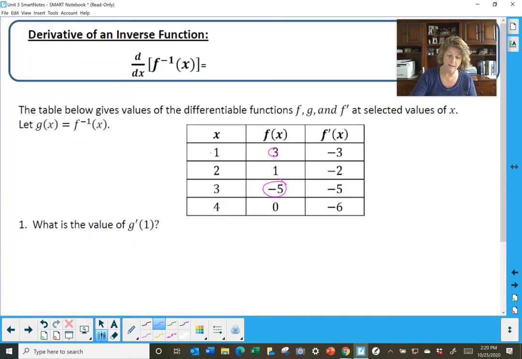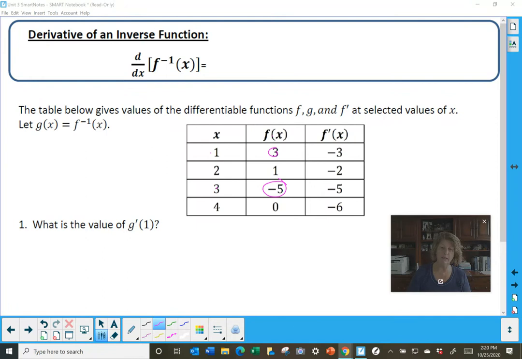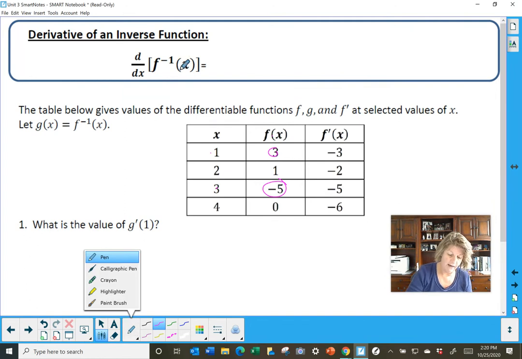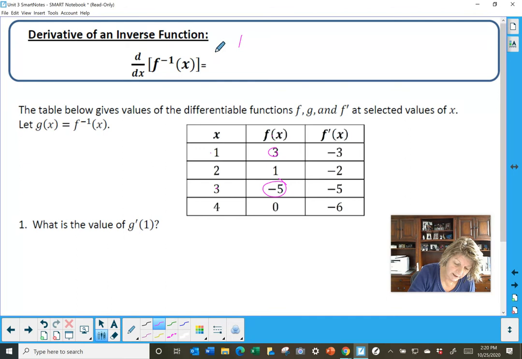So now the definition of the derivative of an inverse function. So d/dx means take the derivative of f inverse of x, and this turns out to be 1 over f evaluated at f inverse of x. That's kind of confusing, isn't it?